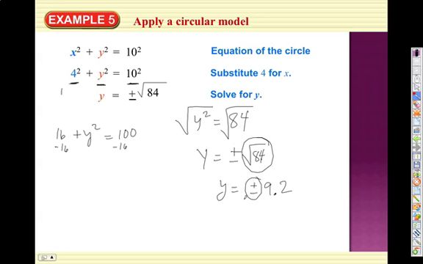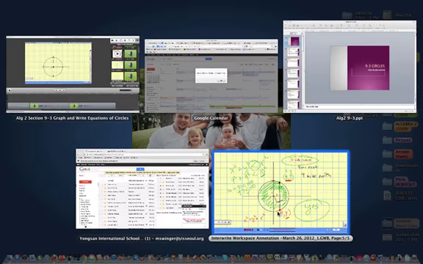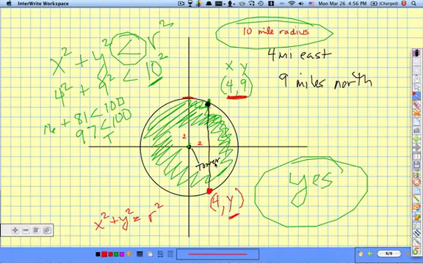Now, we got plus or minus technically, right? But what is the real answer? Well, we went below the x-axis, if you remember. The point up here on the line is 4 comma 9.2, and this one down here is 4 comma negative 9.2.